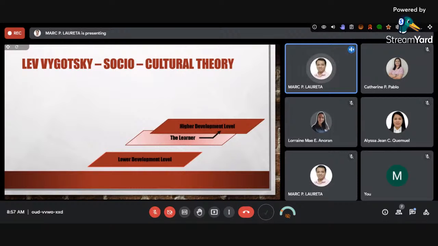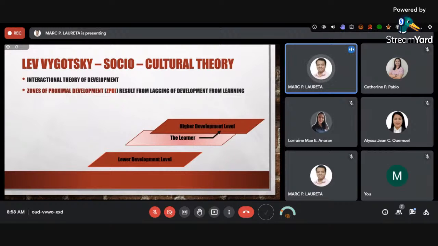He proposed the interactional theory of development, which suggests that learning is optimal when preceding the learner's developmental level. The second one is what we call the zone of proximal development, or the ZPD.